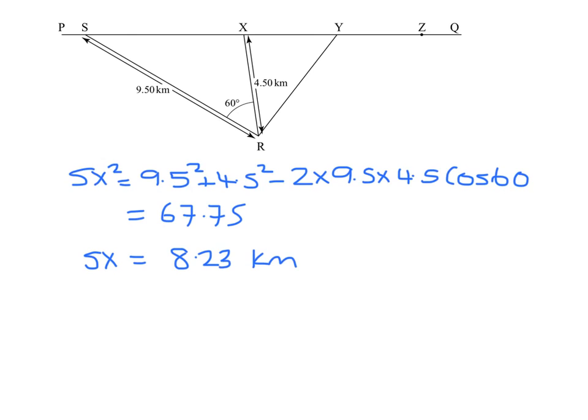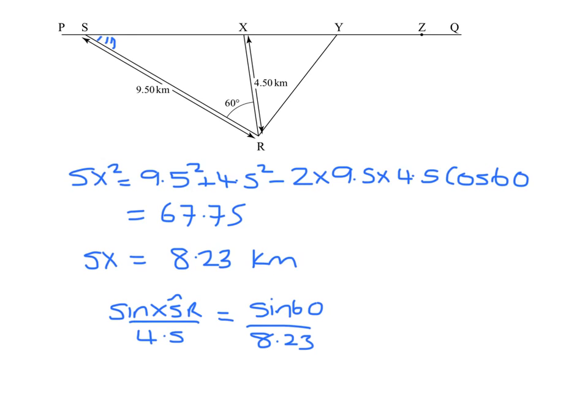8.23 kilometres. Then asked to find XSR, which is this angle here, and I'm going to use the sine rule. So the sine of XSR divided by the opposite side, 4.5, has to equal sine 60 over SX, which we got to be 8.23.